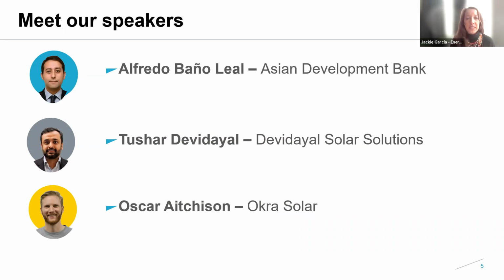He has over 15 years of experience working on energy infrastructure sector in Europe and Asia. And before joining ADB, he worked for the International Atomic Energy Agency and the World Bank, and worked for an engineering consulting firm in Spain. He's an electromechanical engineer with majors in electricity generation and power systems, and holds an MBA in corporate finance from the IE Business School.